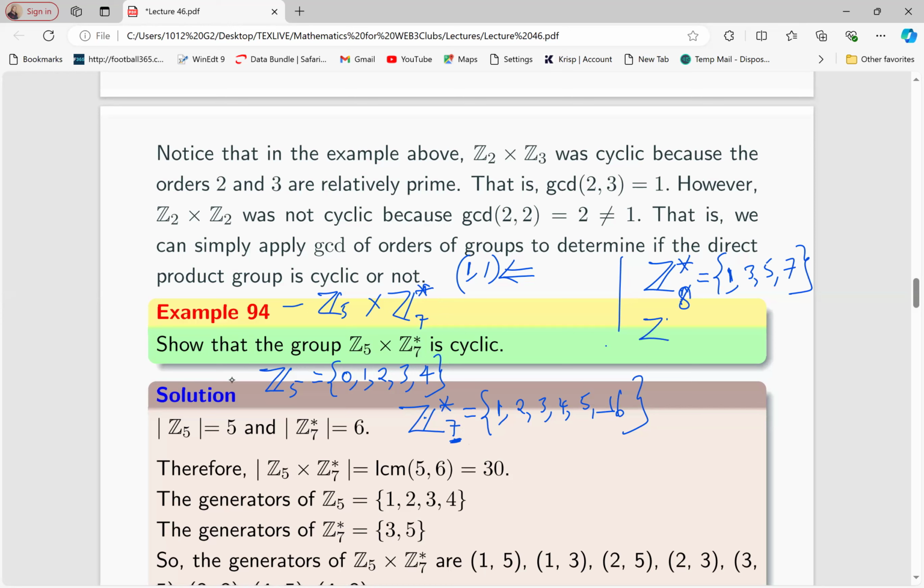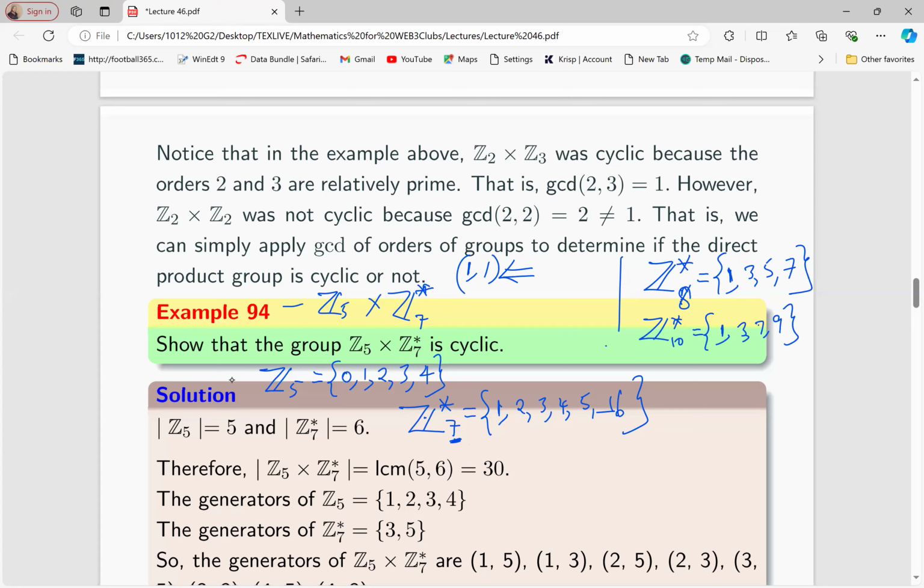Z star 10 will be elements which are relatively prime to 10, where the only common factor with 10 is 1. So we have 1, we have 3, we have 7, 9; not 4, 5, 6, or 8.